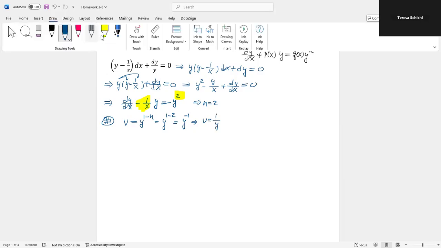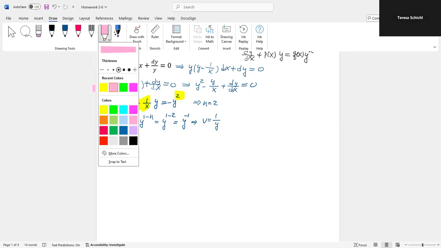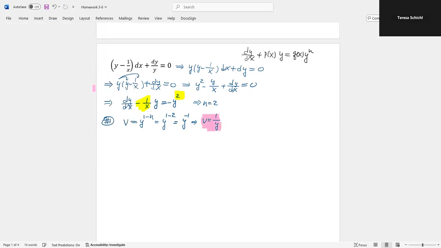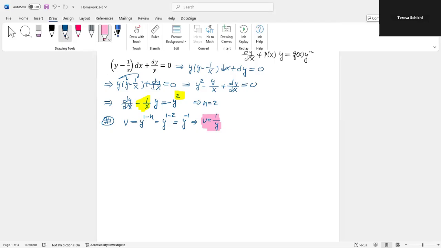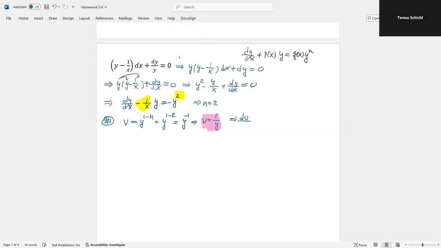I'm going to mark this in a different color because I'm going to use this later. Now the next thing I need to do is take the derivative. So dv/dx is going to be equal to negative y to the negative 2 times dy/dx.